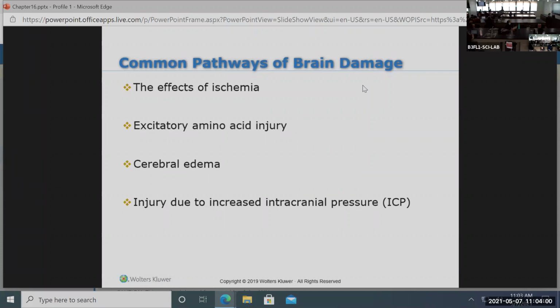Number 2, amino acid injury. Make a note over there: the amino acid called glutamate. Can you spell it?